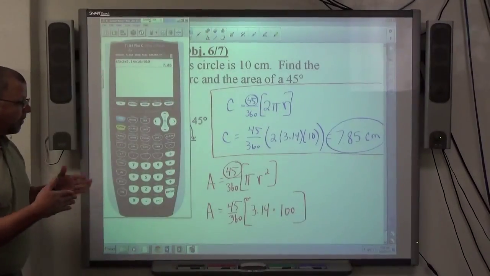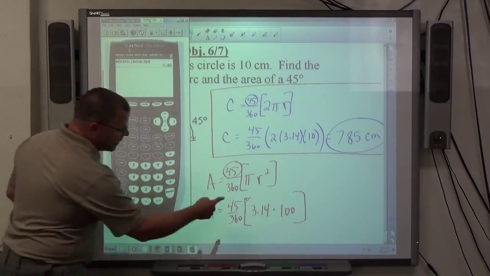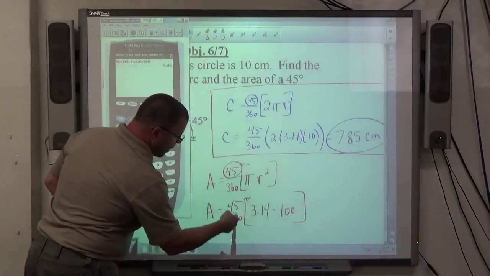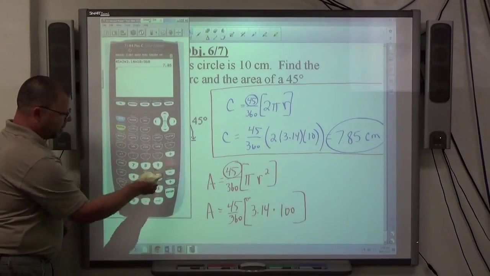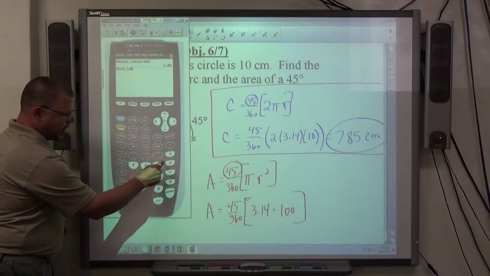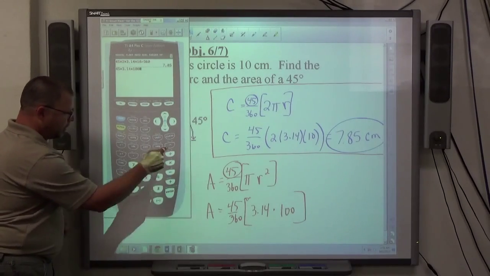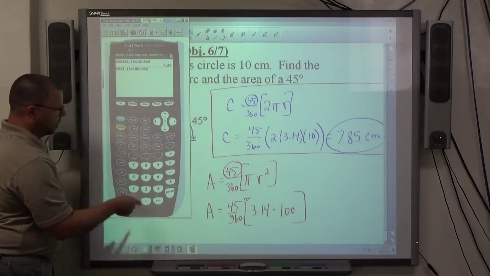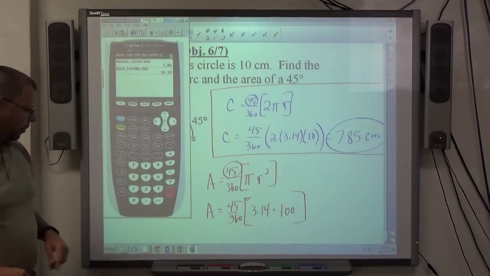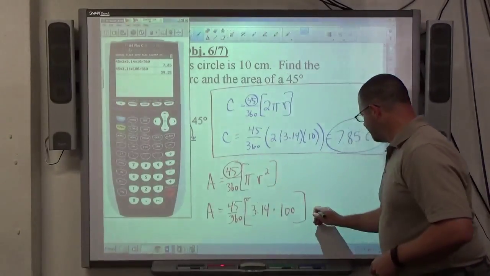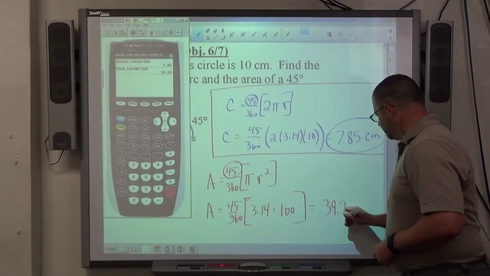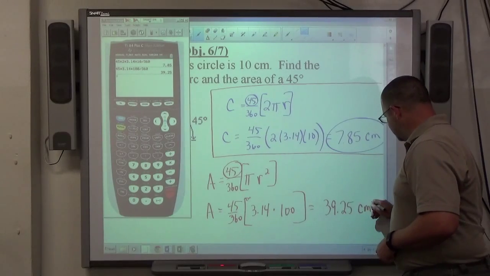So once again, I've got my entire thing figured out. It's this times this times this divided by that. So 45 times 3.14 times 100 divided by 360 equals. It comes out to 39.25. That's centimeters squared.